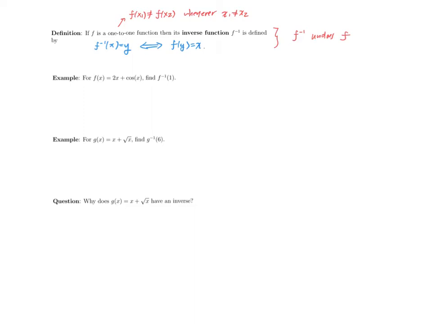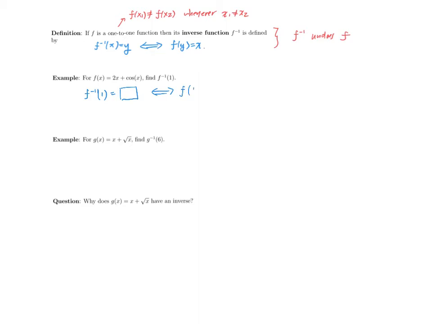And I prefer to think of this in the following way. F inverse of 1 is the quantity that we are hoping to determine. So what value will go into this blank space? We remind ourselves that f inverse is defined specifically to undo the function f.